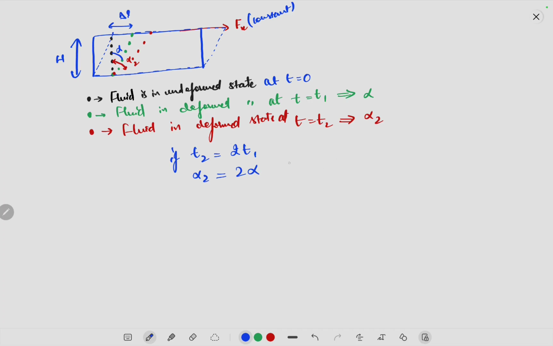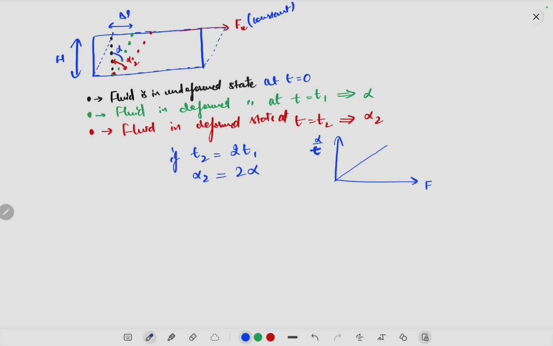Now also in case of the fluids, it is seen that if you go on increasing the magnitude of this force, alpha by t, it should be in the y-axis, alpha by t, and this is F, alpha by t instead of alpha varies linearly. This is the most important thing which is different for fluids from solids.